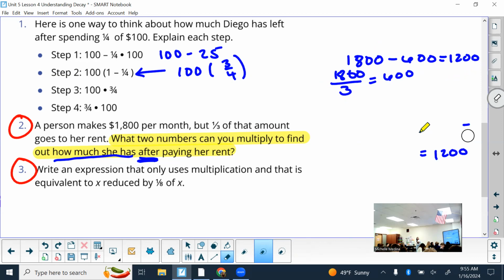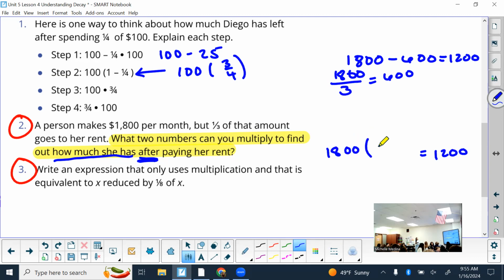Everyone else needs to stop talking. Table 1, what two numbers do you think? And why 2/3? Are you sure 1,800 and 1/3, or do you need something else?